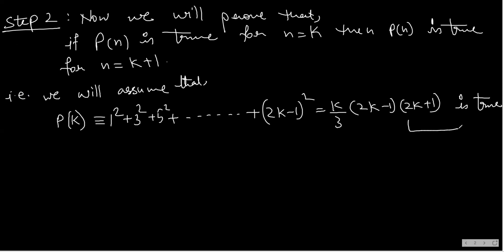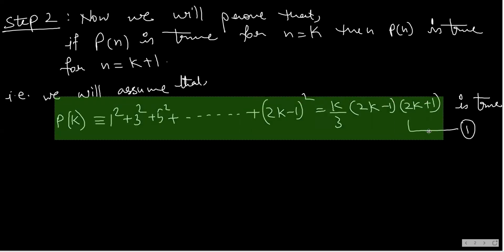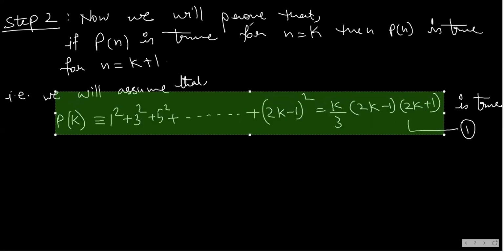This is true and this is number 1. We have assumed that this is true. And remember, under this assumption, we will prove that P of n is true for n equals to k plus 1.